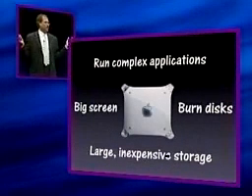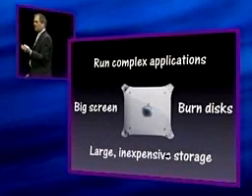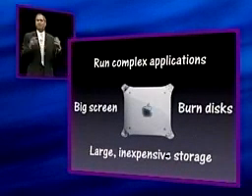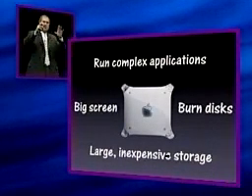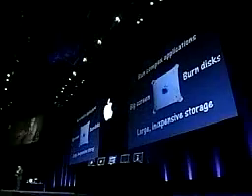Why is that? Because the Mac can run complex applications that these devices themselves cannot run. You cannot run an application like iMovie in a camcorder. Second, because personal computers have large screens, and can make a much more powerful user interface and much easier to use. Third, because we can burn discs, we can burn CDs, and we can burn DVDs. And lastly, because we have large, inexpensive storage.